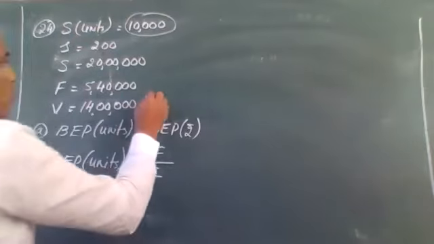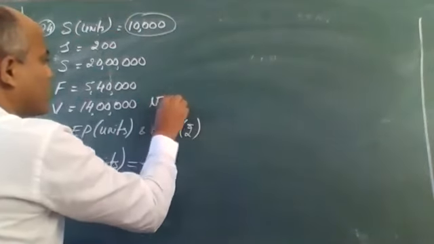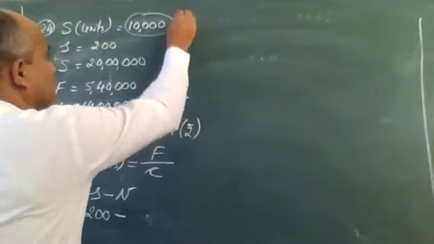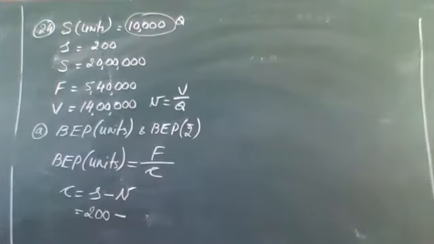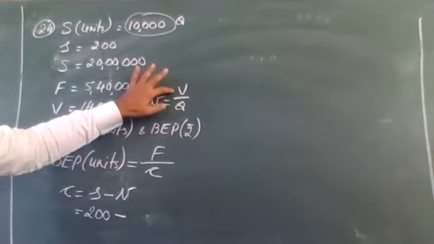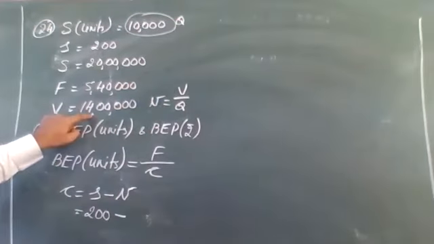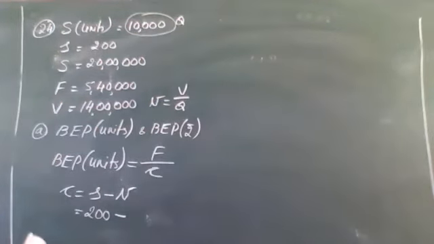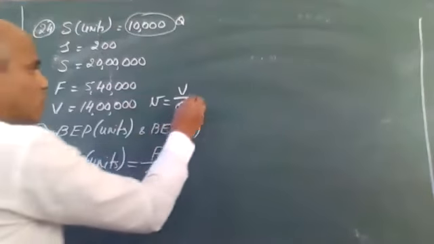So, if I want to find out the variable cost per unit, this will be divided by the quantity. Value by quantity gives you rate. Variable cost is 14 lakhs. Quantity is 10,000. 14 lakhs divided by 10,000. 4 zeros will go off. So what will be the answer?